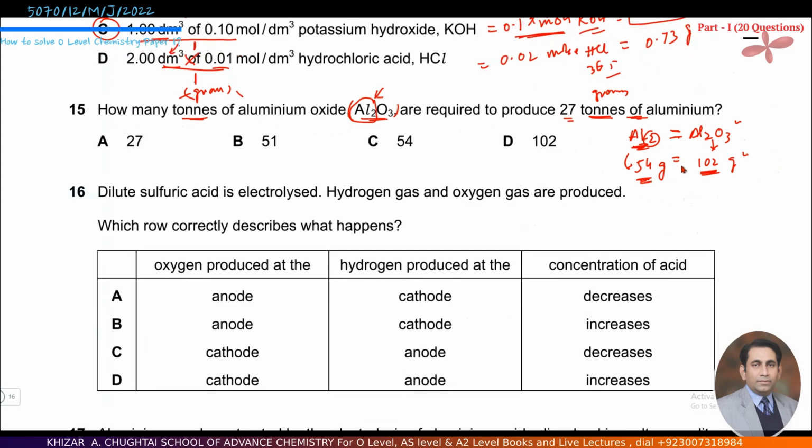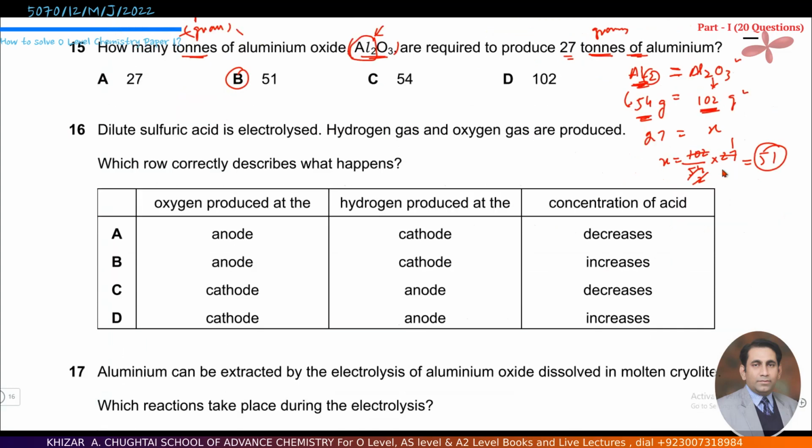We are supposed to find for 27, let's suppose it's X. You can apply the unitary method, the ratio proportion rule. So X will be equal to 102 over 54 into 27. 27 twos are 54, so it is equal to 51. So B is the correct option. Question number 15, the correct answer is B.